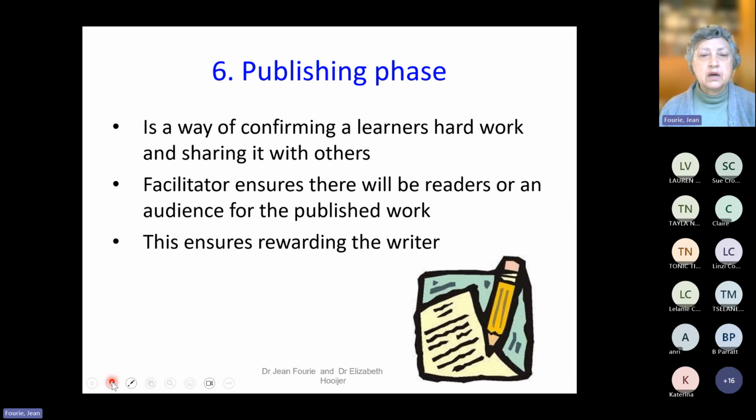But there is some kind of an audience. The crucial thing is that the work doesn't just sit in a book somewhere. Somebody else reads it, or the child reads it to somebody else. And that is what happens in the final publishing phase.